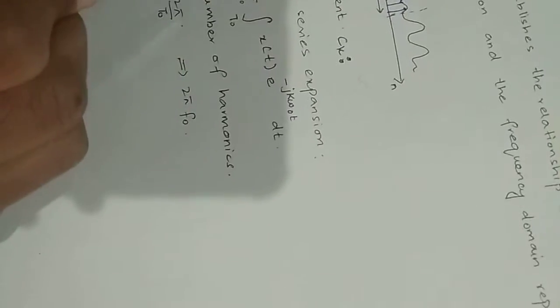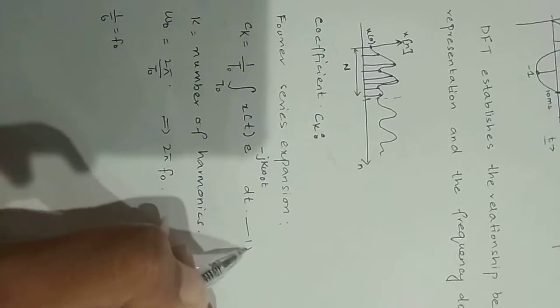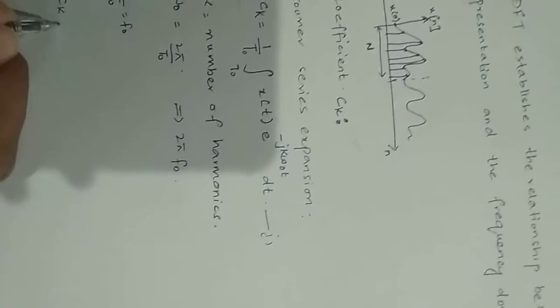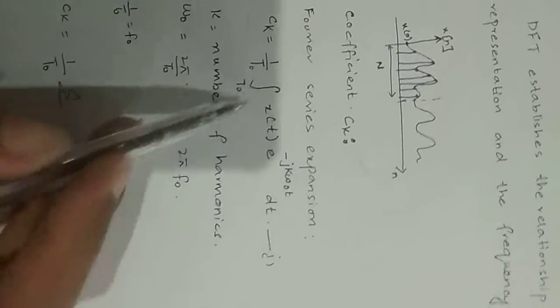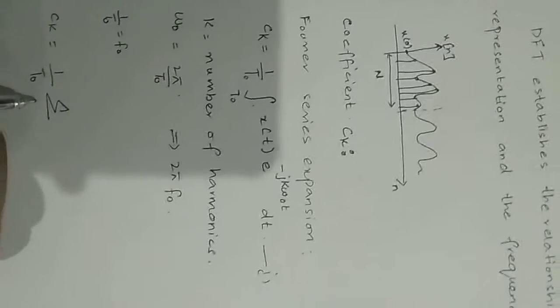Now what we will do here, we will put the values in this equation number 1. What we will get is C of k is 1 over T naught. We replace the integration with the summation.